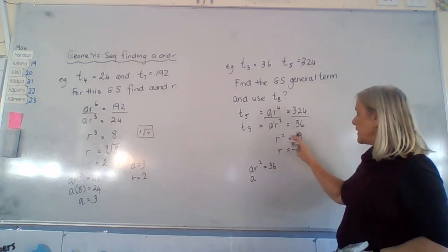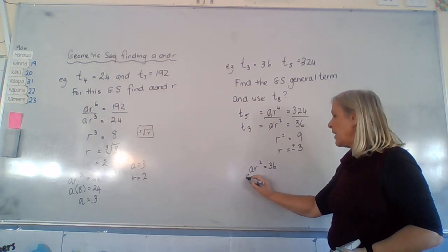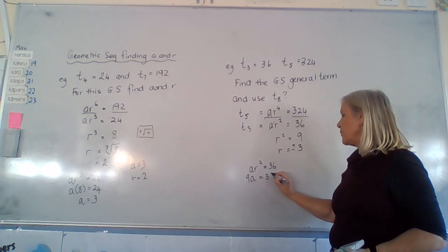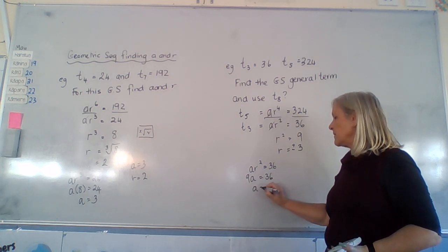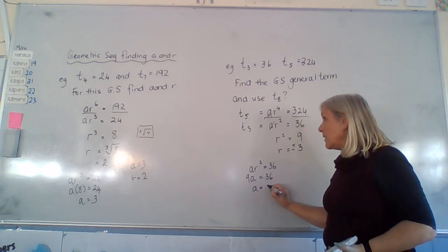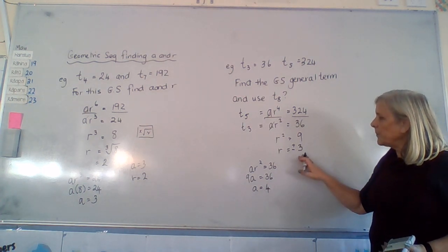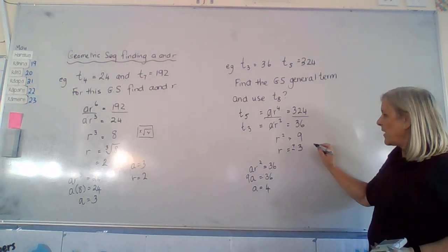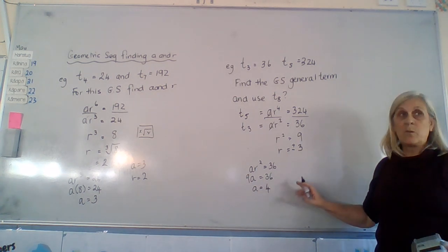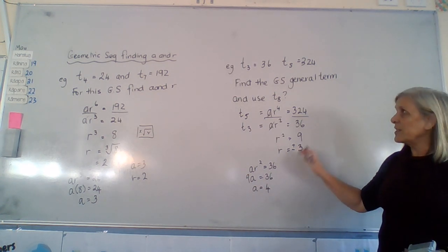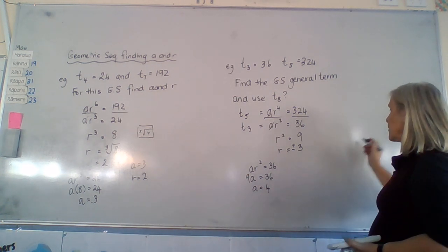So r squared we know is 9. So 9A equals 36. 9 times what is 36? 4. Okay, so there's our A. We're going to just do it for r equals 3. If this was a question, we actually should do it for both, but we aren't going to.